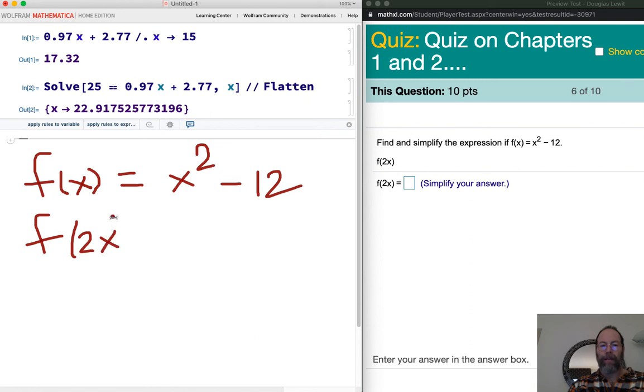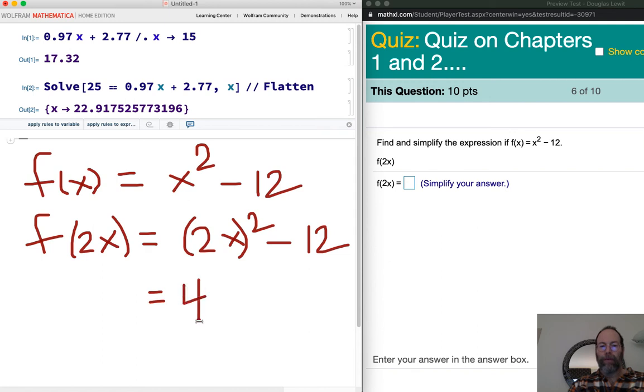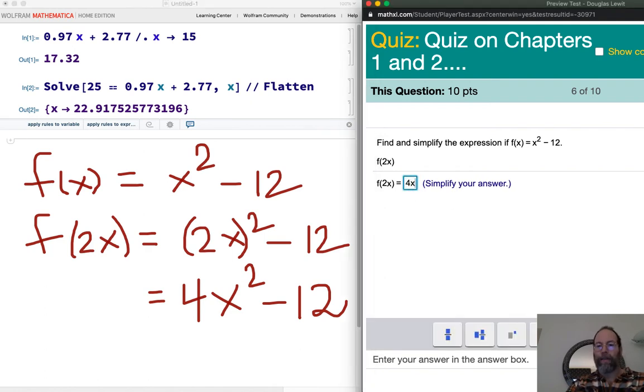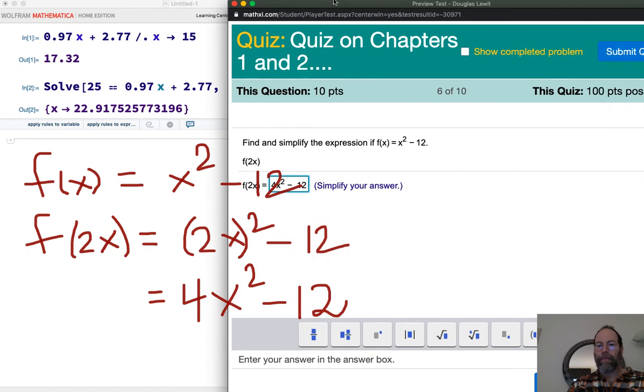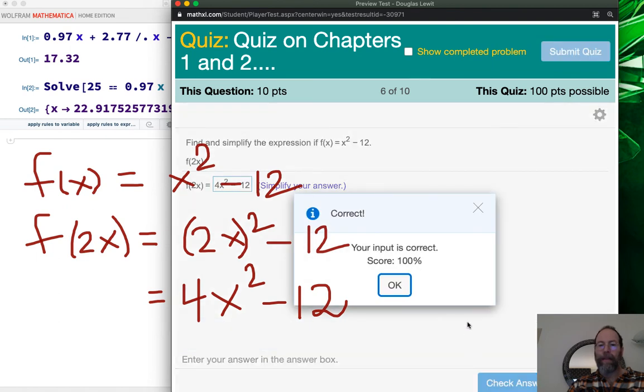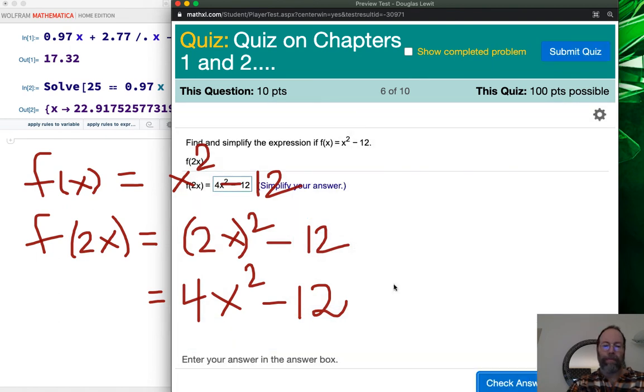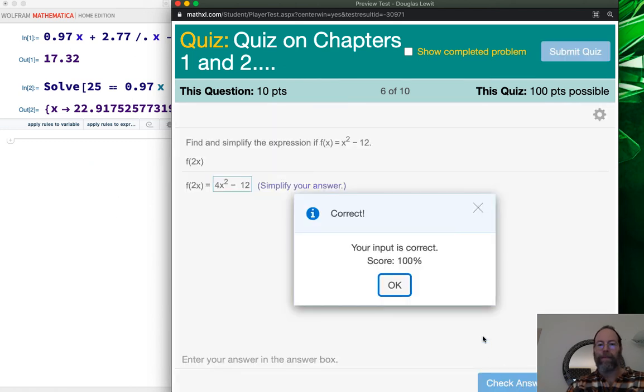So that's going to be equal to 2x squared minus 12, which is 4x squared minus 12. That is the correct answer.